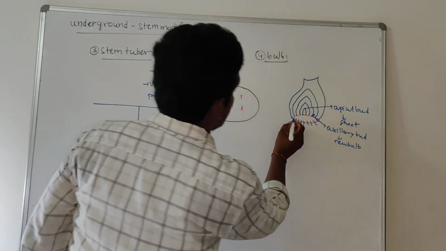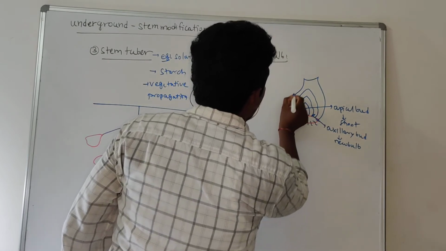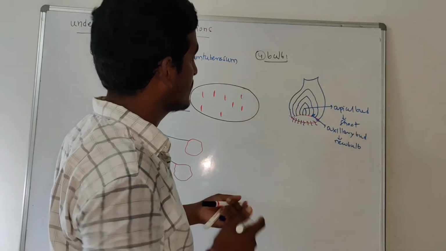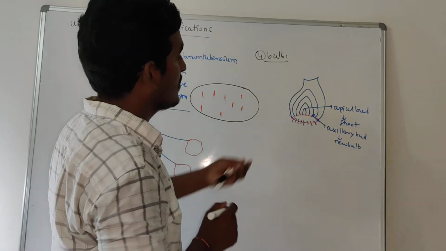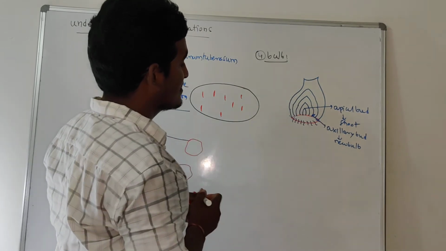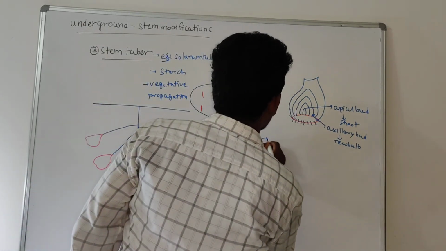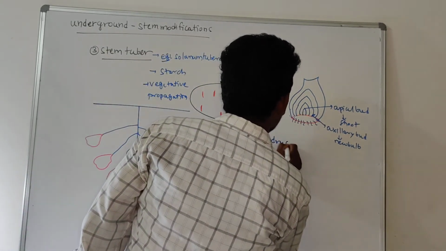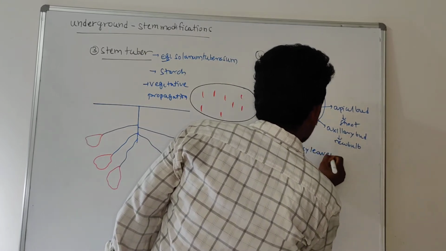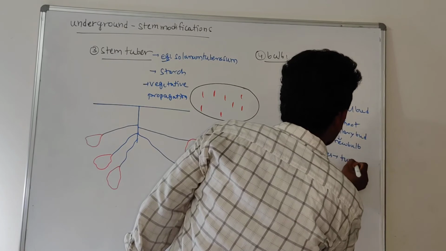Here the bulb is surrounded by dry scaly leaves. If you take an onion, that is an example of a bulb. That onion is surrounded by dry scaly leaves, and those dry scaly leaves are called tunics.